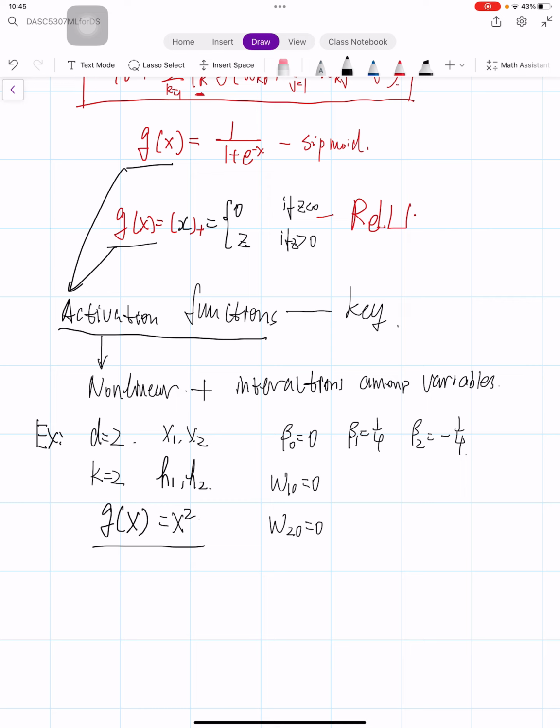So if you think about applying this formula to our hidden layers, the first hidden layer node will equal the g function, right? So here the g function is x squared. No matter what we have, inside is this linear combination. So it's 0 plus x1 plus x2, squared.